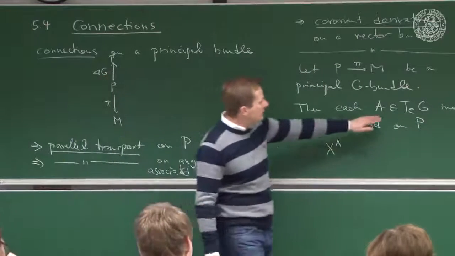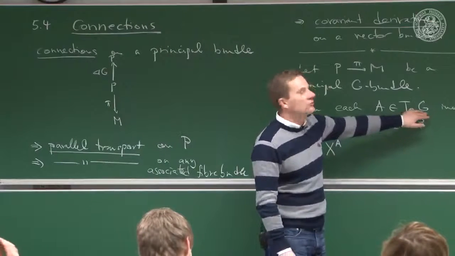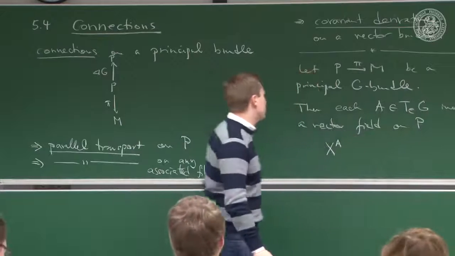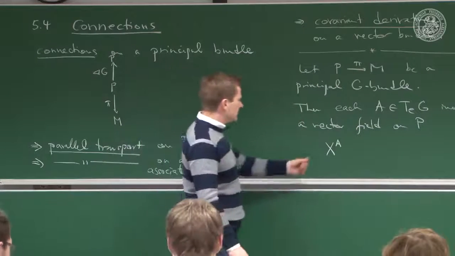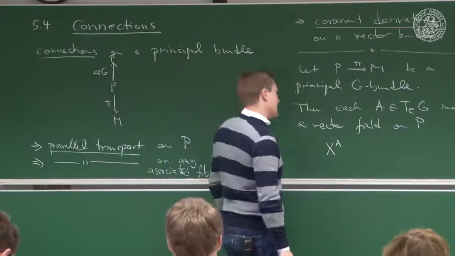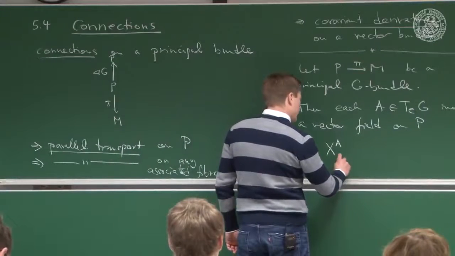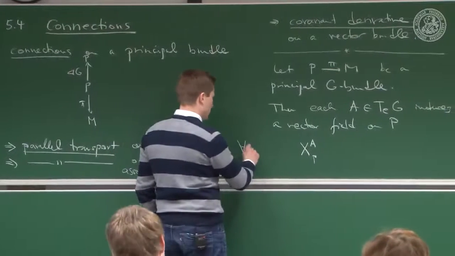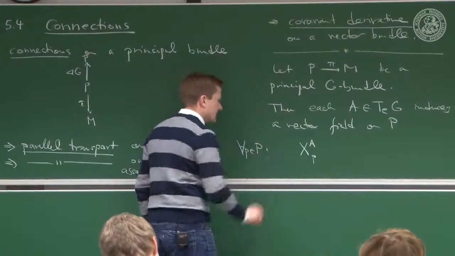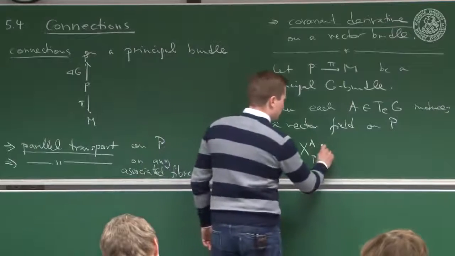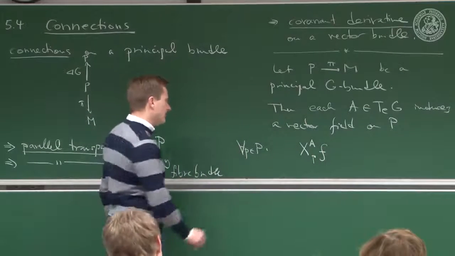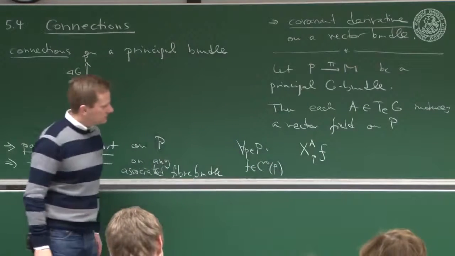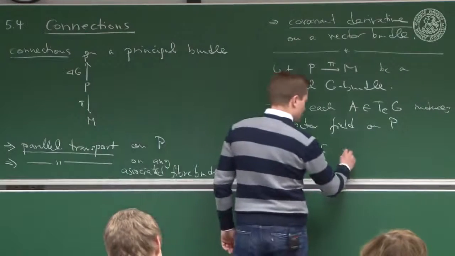We know that a Lie algebra element induces a vector field on the group by the exponential map. But now we want to induce a vector field on P. This vector field on P is supposed to be called X_A, and we define it at each point p, for all p in P, by its action on a function f on P, as follows.